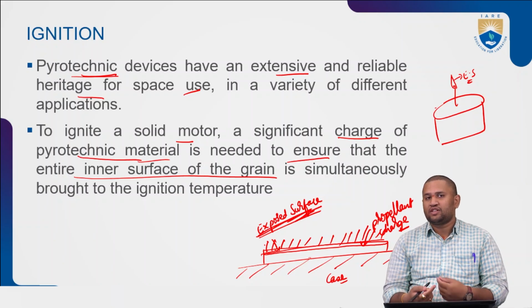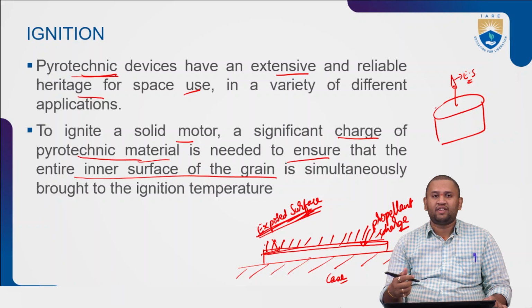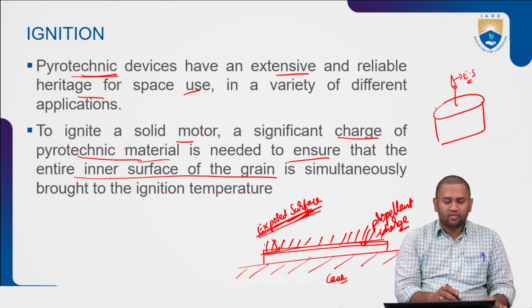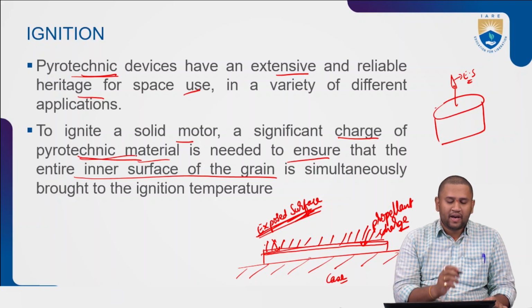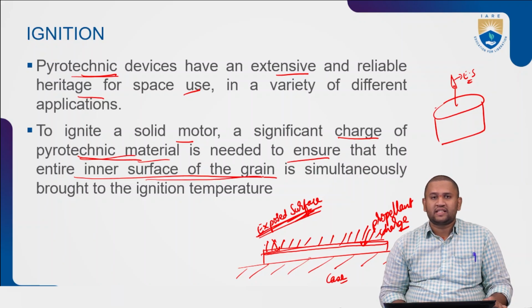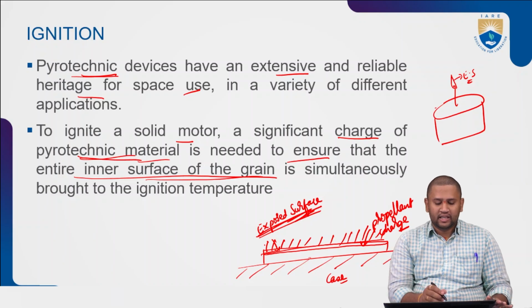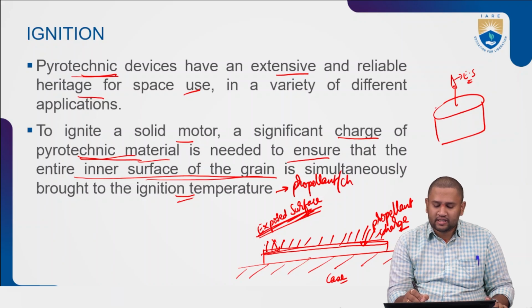Now it's a continuous process. But for the initial start, whenever you want to start a solid rocket booster, you will be igniting with a pyrotechnic material in such a way that the complete inner surface of the grain is simultaneously brought up to the ignition temperature of the propellant charge or grain.